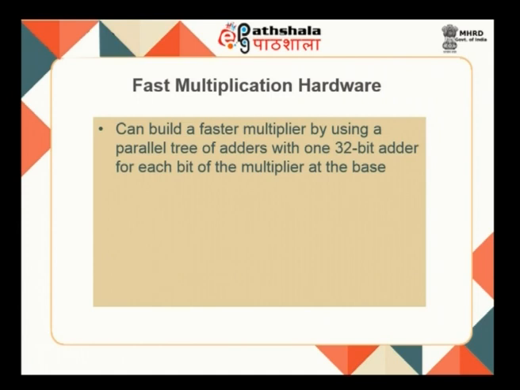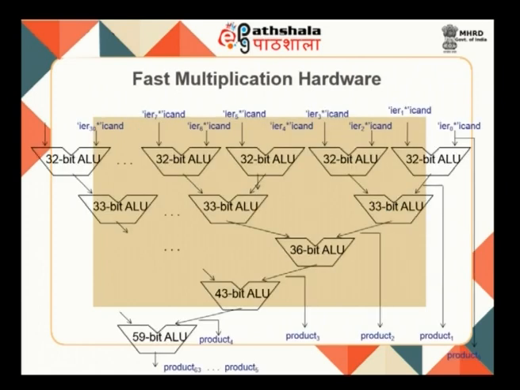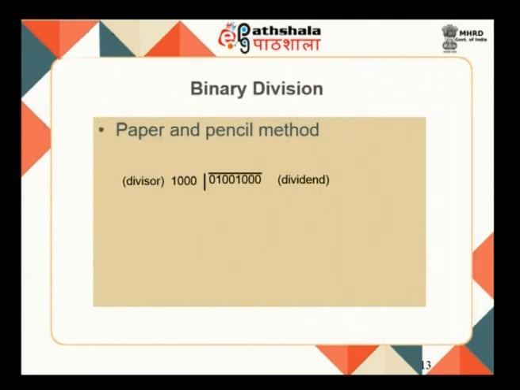Once the partial products have been constructed, you can look at a tree of adders which will use carry save addition and do the multiplication at a faster rate. So, this gives you a feel of the tree of multiplication operations. You make use of carry save addition and the modified Booth's algorithm. All these concepts are brought together when you look at a fast multiplication hardware.